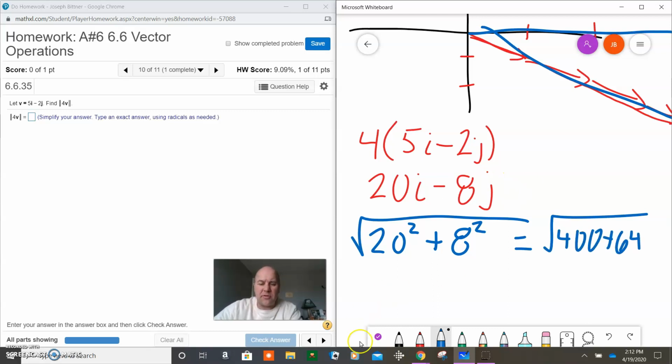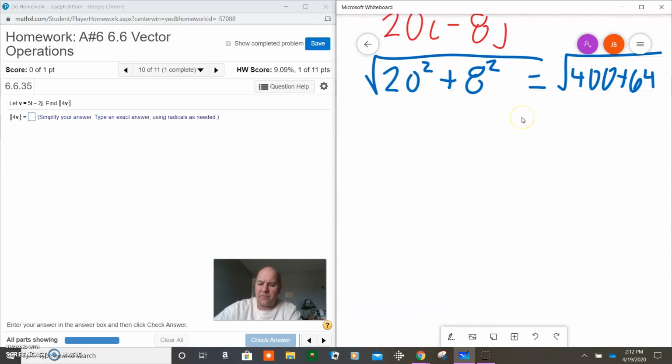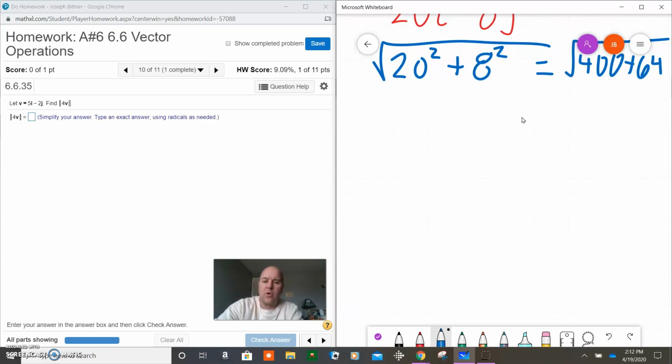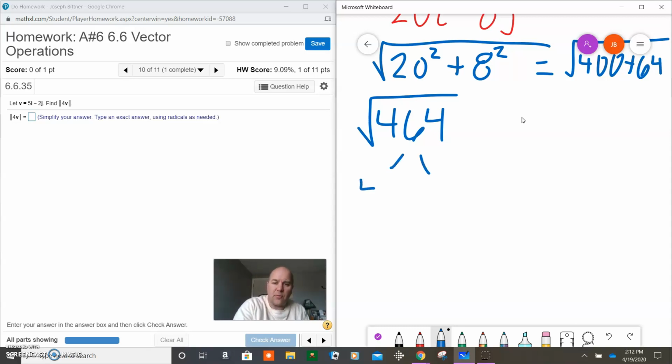The only bad thing about this is I believe this does simplify. Let me keep writing this out. So square root of 464. Let me grab my calculator. I am going to break this down. I have to find perfect squares for it. 4 goes into it, so this breaks down to 4 times 116, which if you take the square root of both of those, that'll be 2 times the square root of 116.